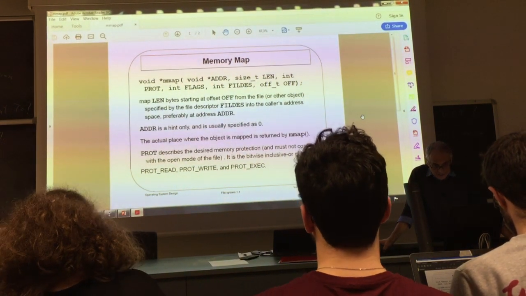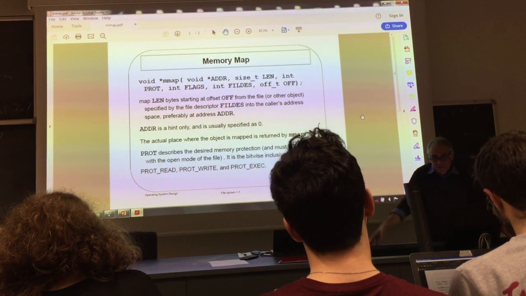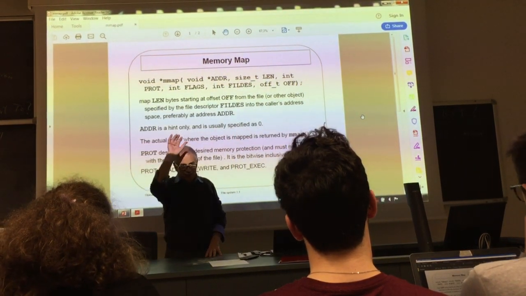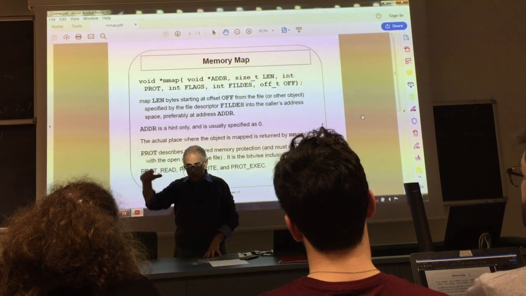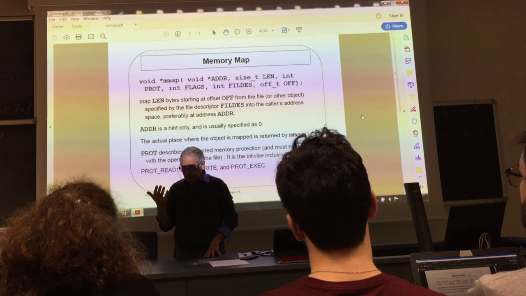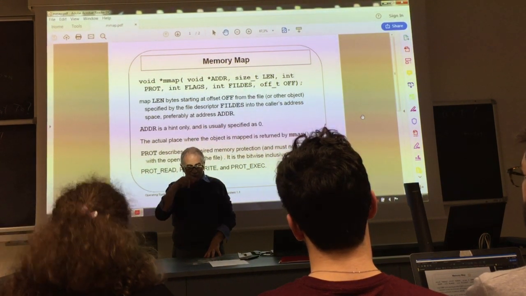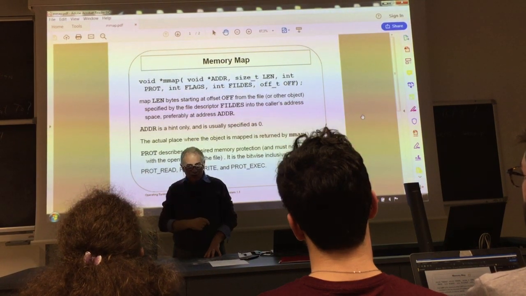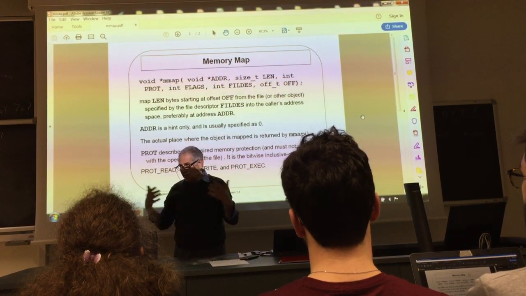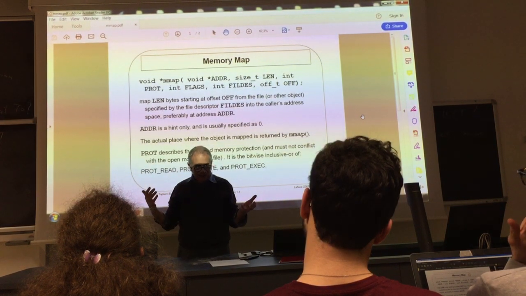If your binary file contains structures, records, so a person, information, name, surname, age, etc., after mapping it in memory, you can use it as an array: A of 0, A of 1, A of 90.